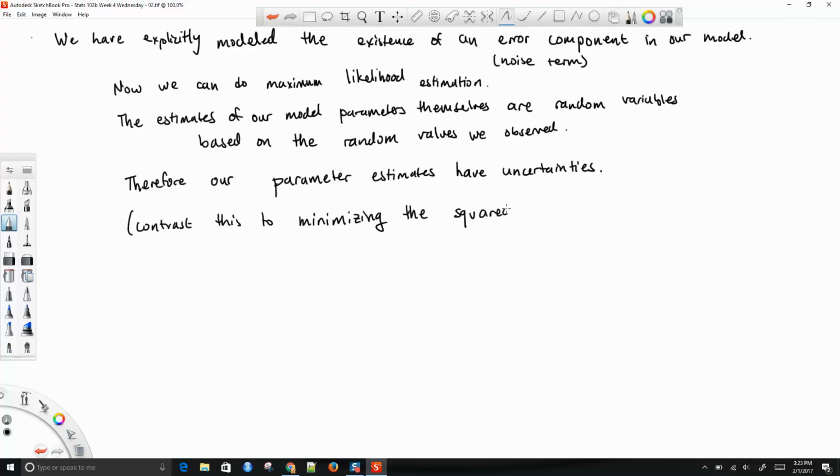Here in that case, the data is treated as fixed, and therefore the parameters that minimize our loss function have no uncertainty.